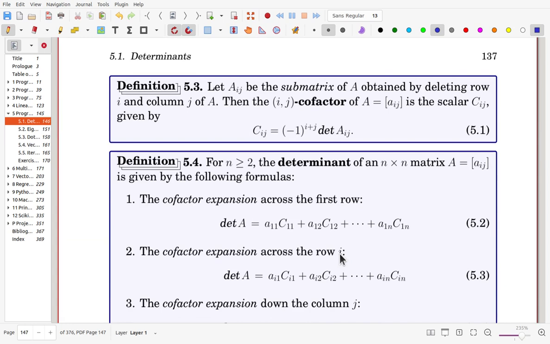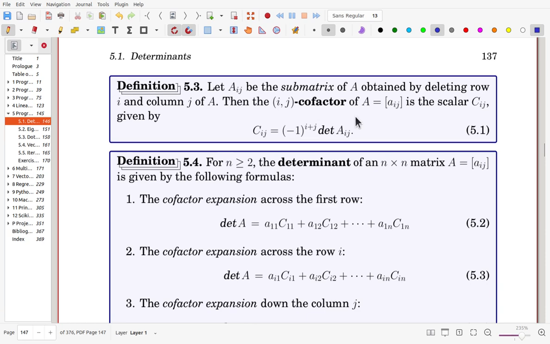Now we'll try to define determinants for matrices of dimension larger than or equal to 2, for general n by n matrices. We'll begin with the definition of a cofactor.